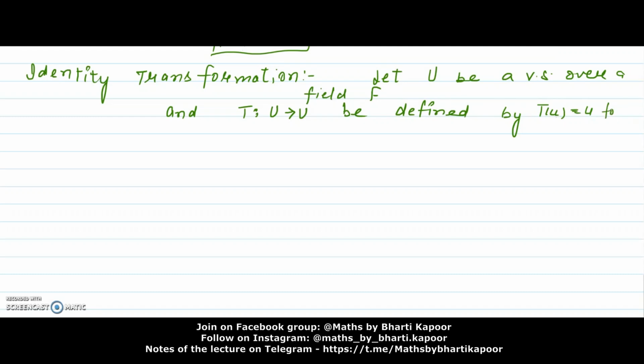This is for all elements of the domain U. Then this transformation T defined like this is a linear transformation, which is called the identity transformation.